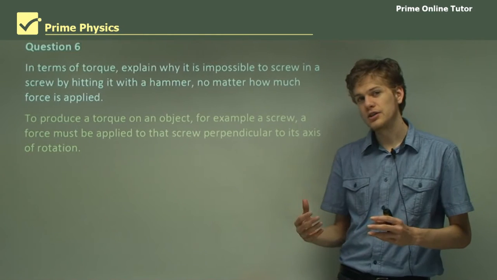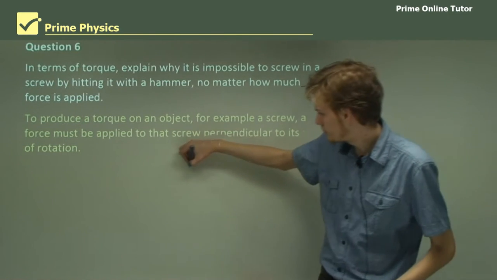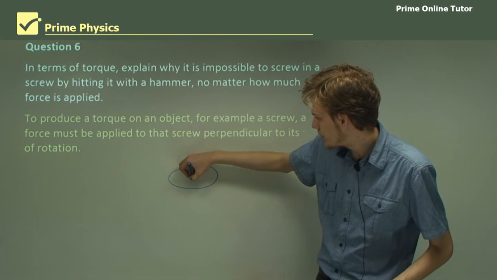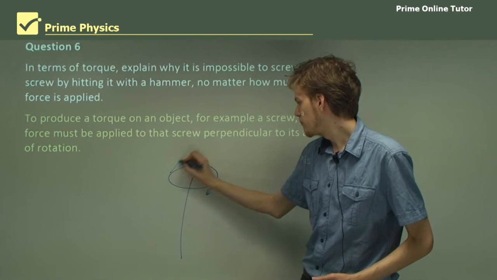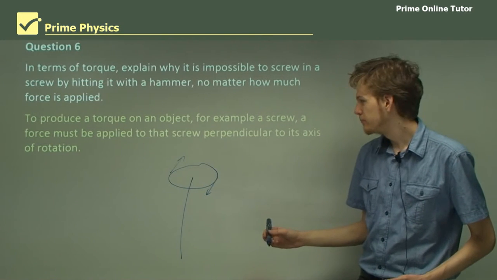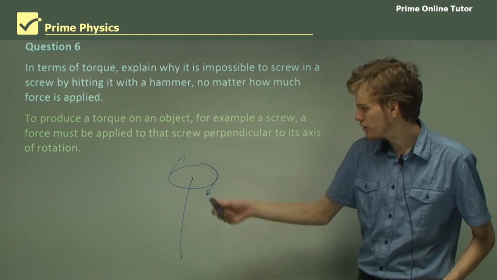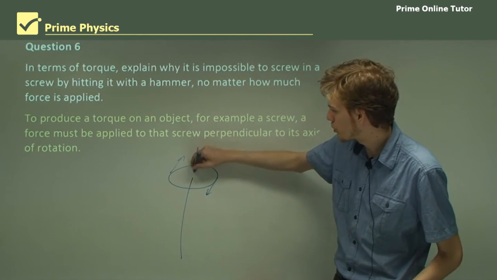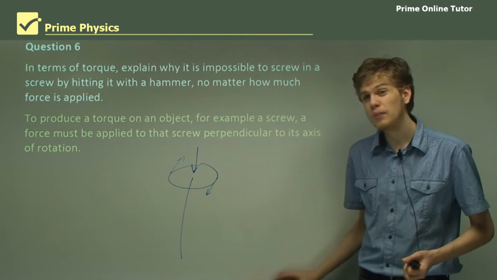So, in the case of a screw, the axis of rotation is going to be straight down the middle, and it turns around that, right? Whereas if we have a hammer, we can't produce a torque sideways like that. We can only produce a force straight down, and that's unable to produce a torque.